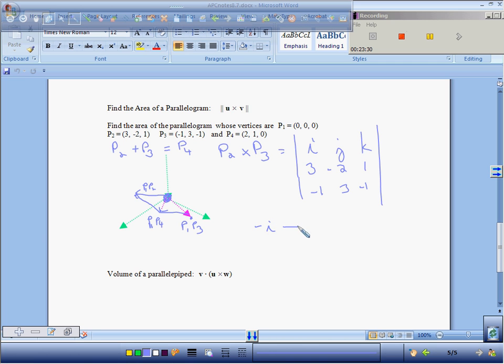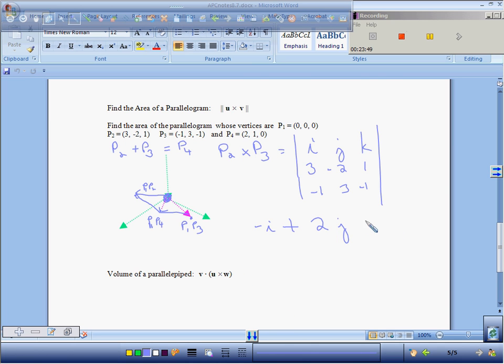And I'm going to put a minus sign in front of my J. And my J is going to be -3 minus -1. So it's -3 plus 1. So that makes -2, but since this is minus, it turns into plus 2J. Okay, see that?